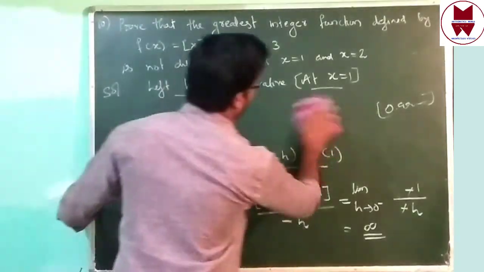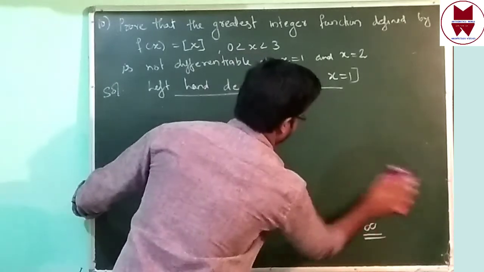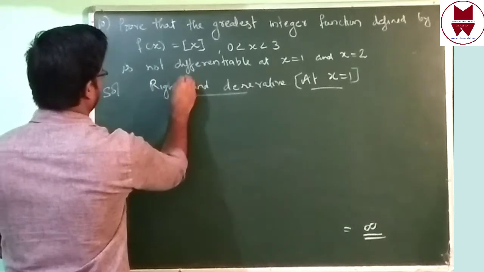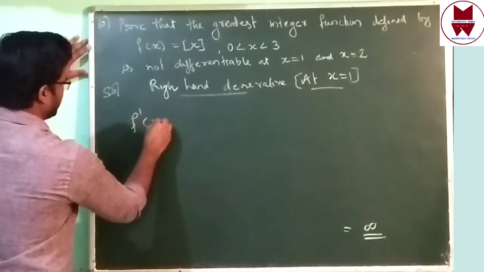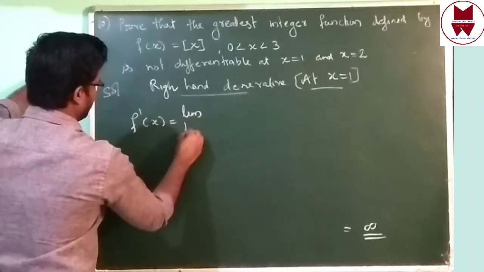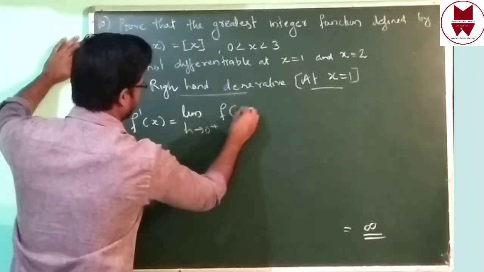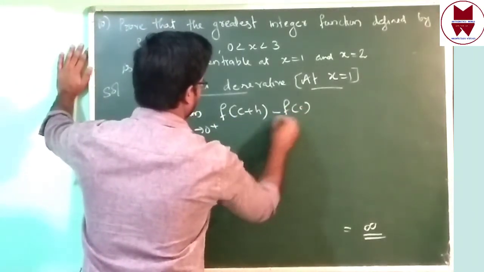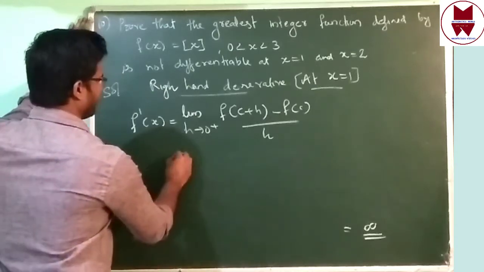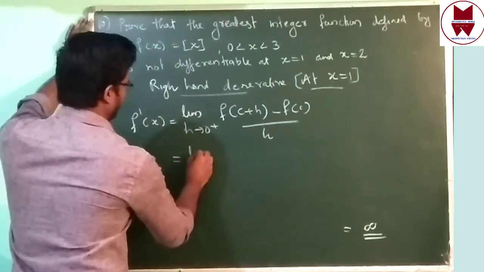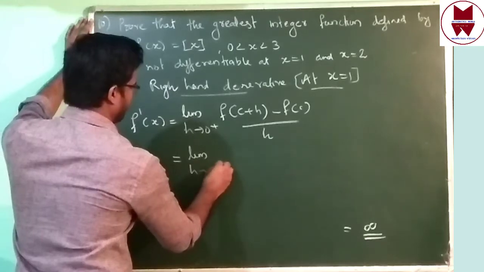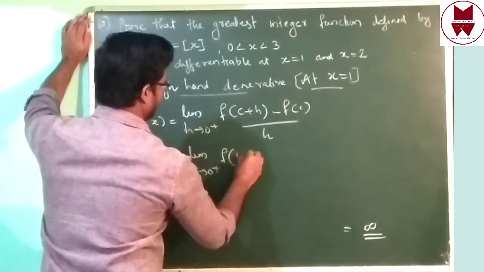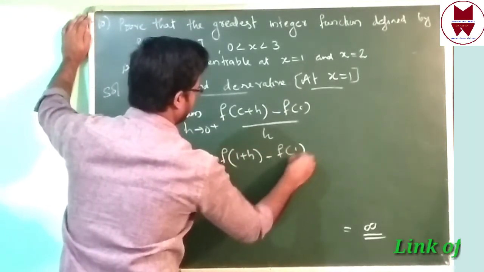Now we have to check the right hand derivative. For that, f'(x) = limit h→0⁺ of [f(c + h) − f(c)] / h. For the right hand we have to use plus. Here c is 1, so limit h→0⁺ of [f(1 + h) − f(1)] / h, which is the greatest integer of 1 + h minus the greatest integer of 1, divided by h.